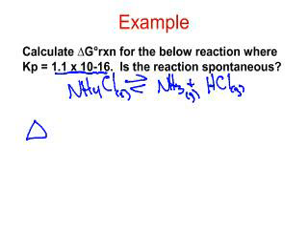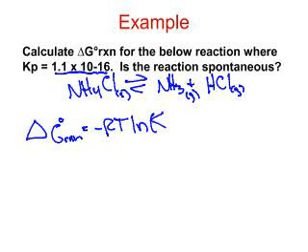So let's plug that in here. Delta G for this reaction is going to be negative R times T times the natural log of K. Now, what's the temperature? If this is a standard free energy change, it's implied that the temperature is 298 Kelvin. So all we have to do is plug this number into the equation.